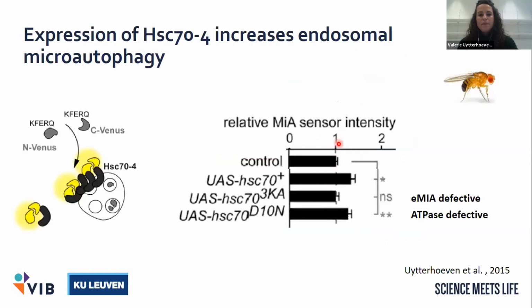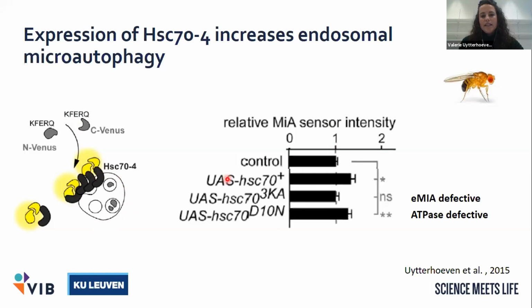And I've shown in the past that we can increase endosomal microautophagy by the expression of HSC70. And we showed in fruit flies, so we developed a microautophagy sensor. And this sensor is a split Venus attached to KFERQ motifs that reconstitutes when both parts are coming together, so that it can fluoresce then on the late endosomes.